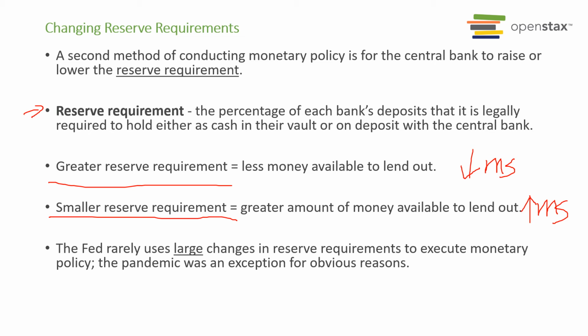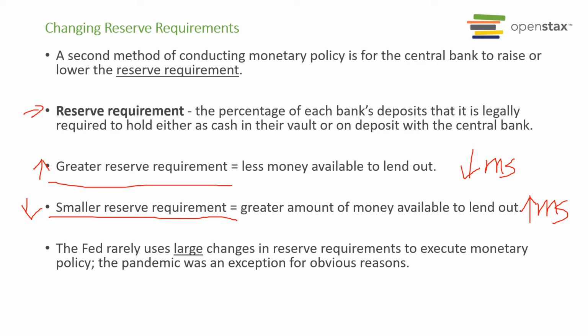So the second tool we have is the reserve requirement. If this is changed, it can also cause a change in our money supply in the economy. This tool is very rarely used because it's very risky. More often than not, it's easier for banks to lower the reserve requirement, but it's difficult for them to get additional cash to cover the reserve requirement.